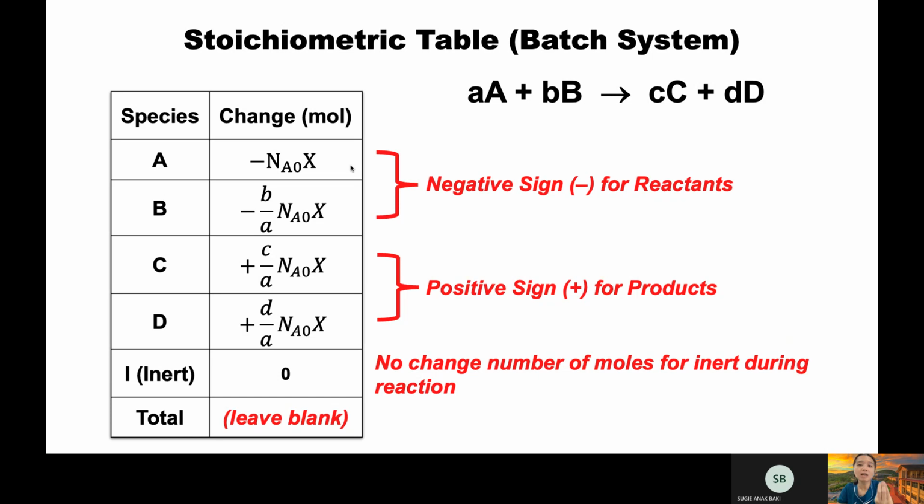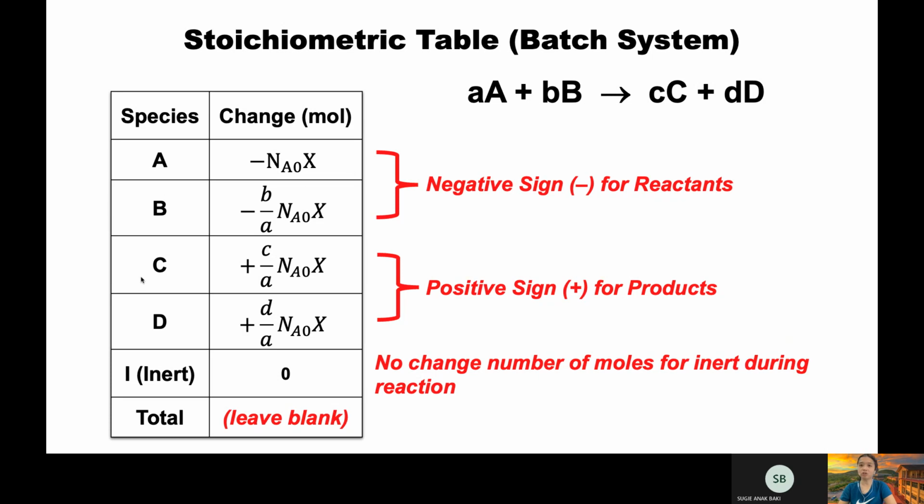Maknanya, berapa banyak bilangan mol A yang berkurang semasa tindak balas adalah sebanyak negatif 5 mol. Dia akan kurang daripada 10 mol, akan berkurangan sebanyak 5 mol. Sebab tu jadi negatif 5. So means that's 5 yang akan consume in the reaction. So kenapa 5? Sebab conversion dia adalah 50%, 0.5. So 0.5 times 10 is 5. So that's for the change of A.